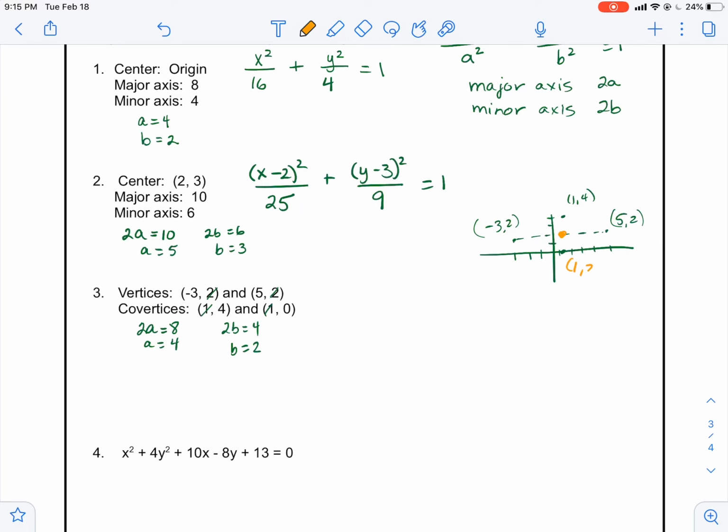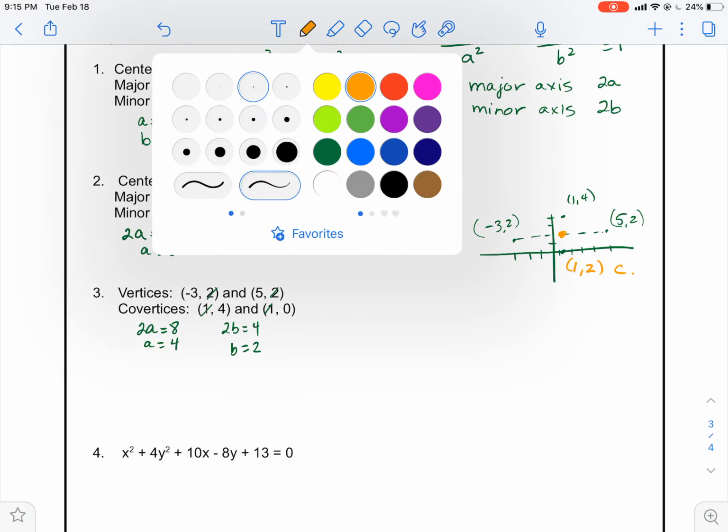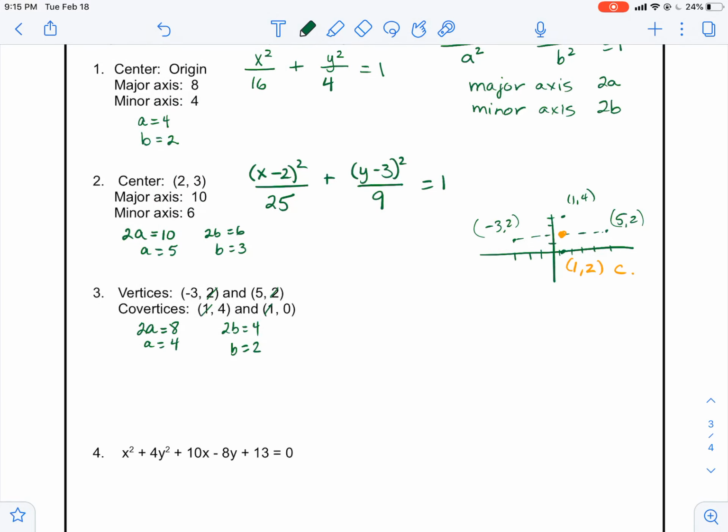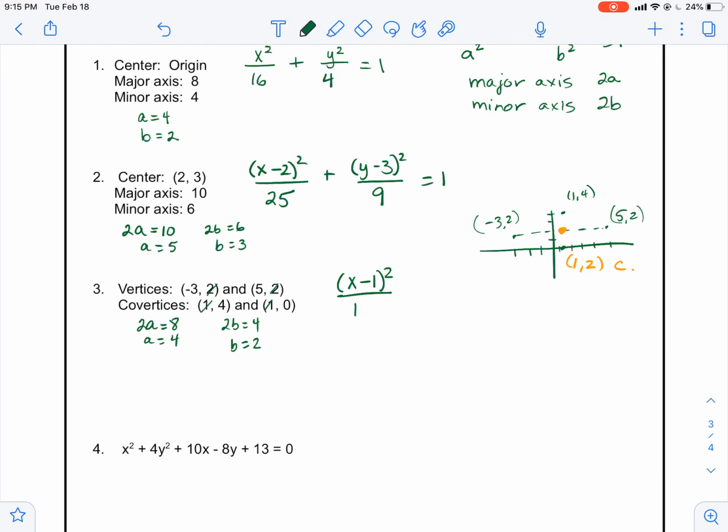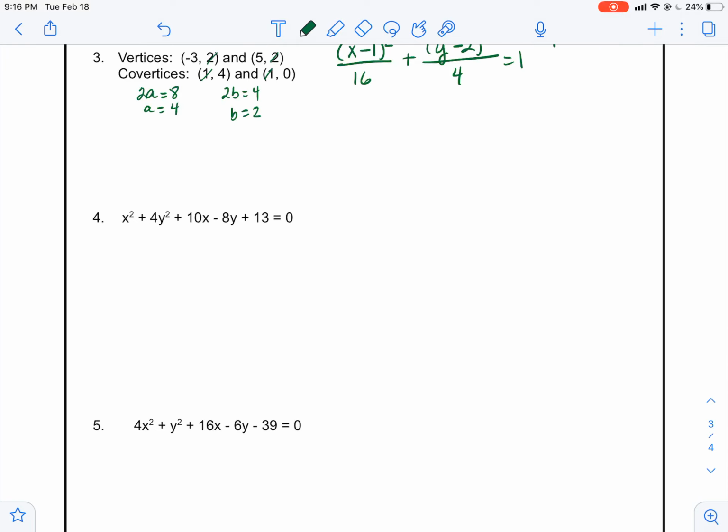So 1, 2 would be my center. Okay, so with that information given, I can now write my equation. So (x minus 1) squared over a squared, which would be 16, plus (y minus 2) squared over 4 equals 1. Okay, so again, pretty easy on writing the equation.